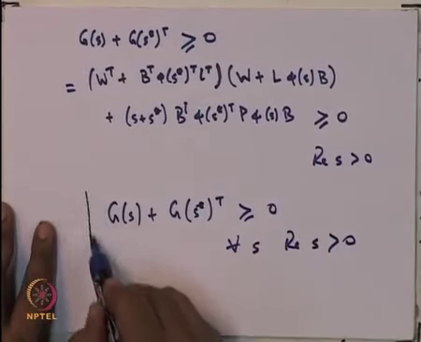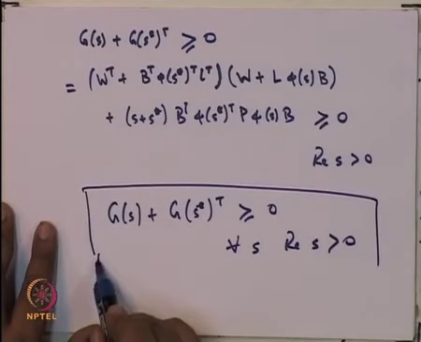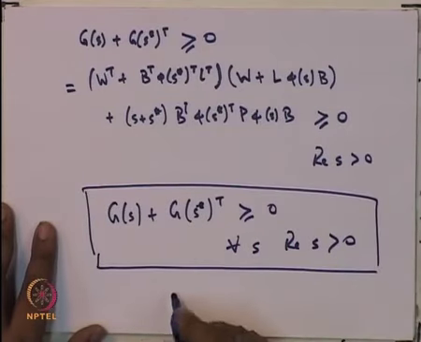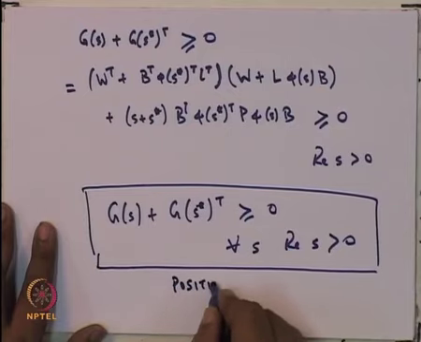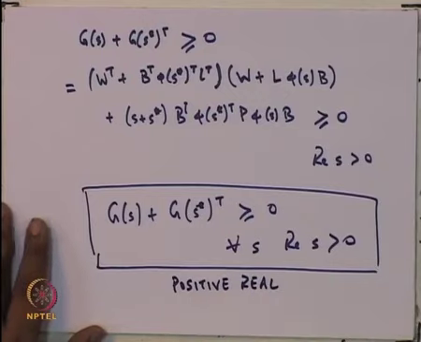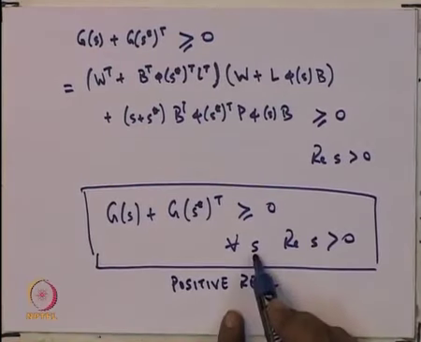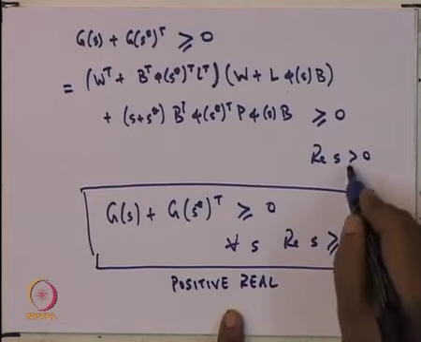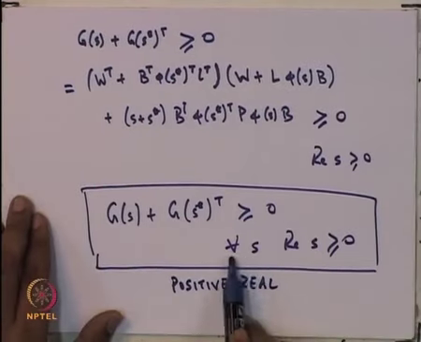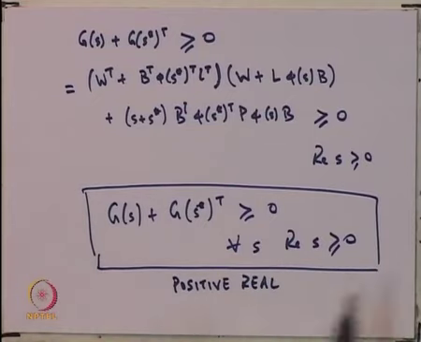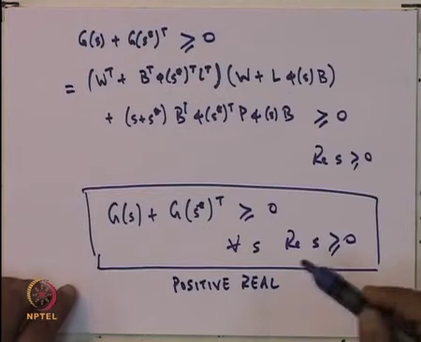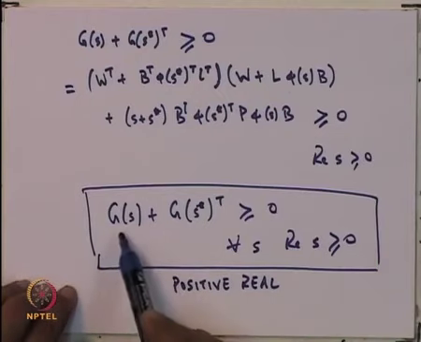And in fact, this should ideally be taken as the definition of positive real. Rather than use S on the imaginary axis, which means looking at whether the Nyquist plot is in the first or the fourth quadrant, it is this definition.